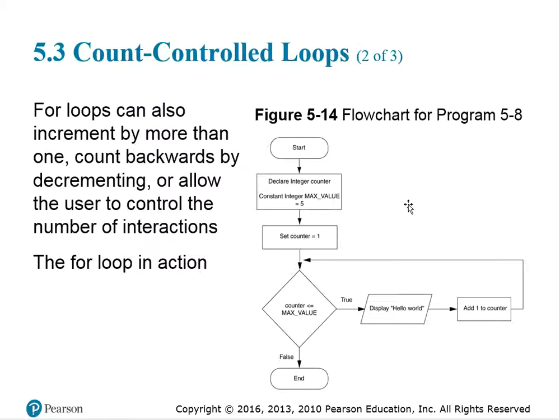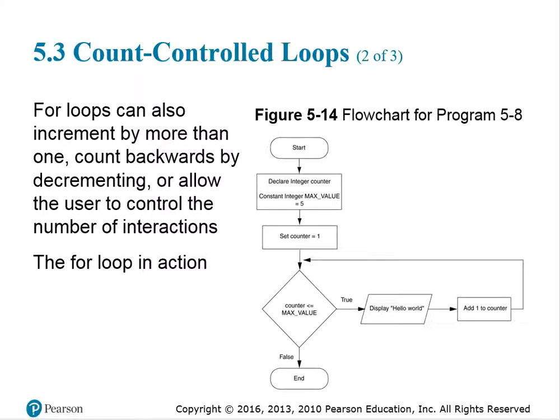So remember, you have 3 parts for your count controlled for loop. You have your initialized value, which for this one is 1. We have the test or condition: counter less than or equal to max value. When you see it in a flowchart, it's very easy to see that less than or equal to max value is your condition itself.